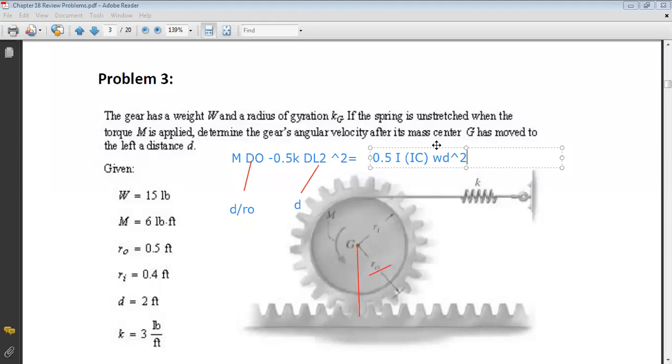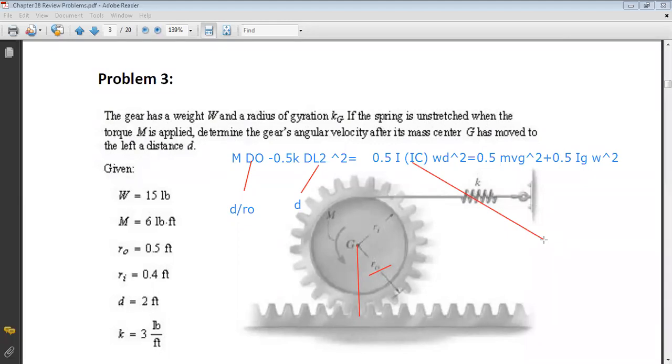Or if I don't know where the IC is, I can use 0.5 m Vg squared plus half Ig omega squared. And what is the inertia about the IC? Who can tell me how to get the inertia about IC?